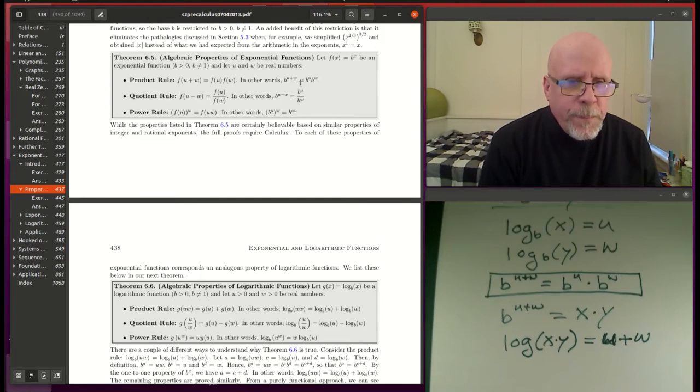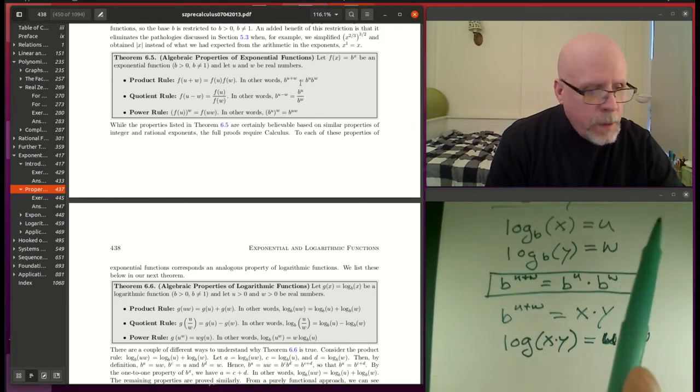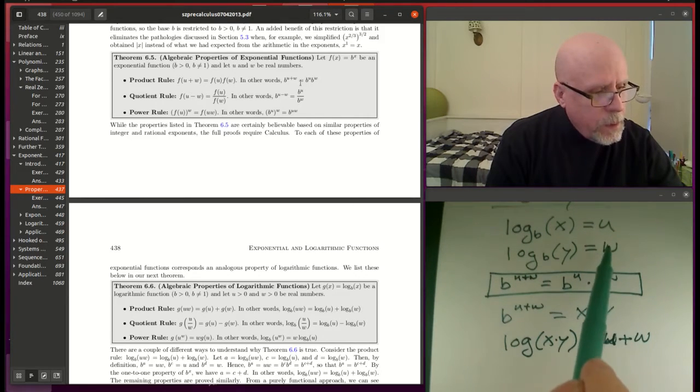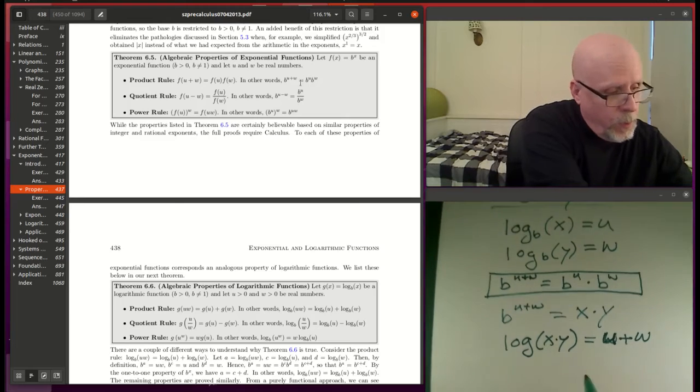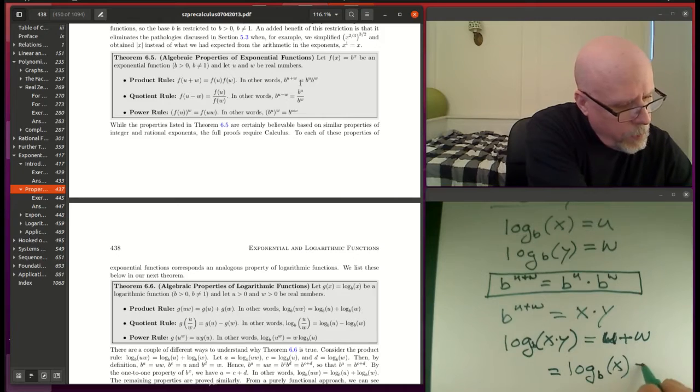And what's u? Look above here. u is the log base b of x. And what's w? That's the log base b of y. So, oh, I left out the b on this log. Log base b of x plus log base b of y.